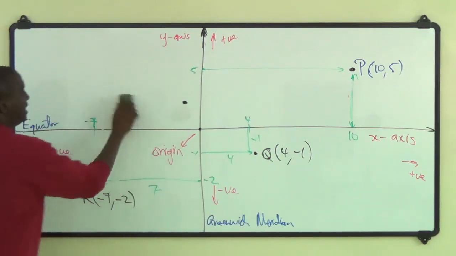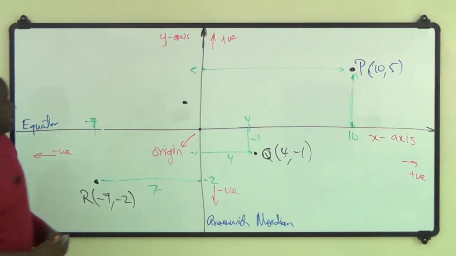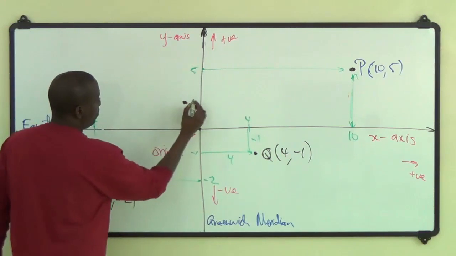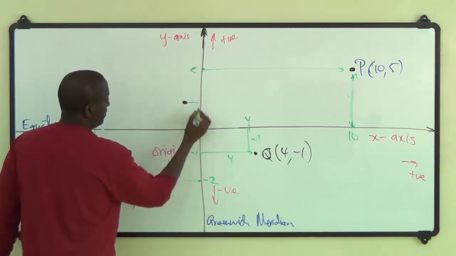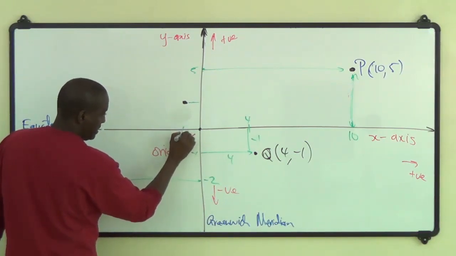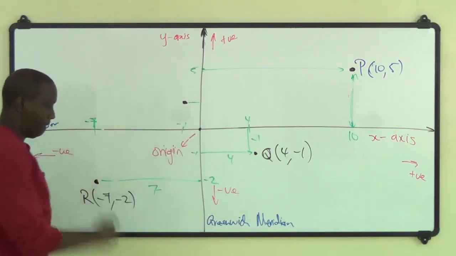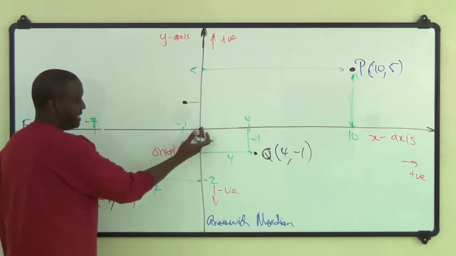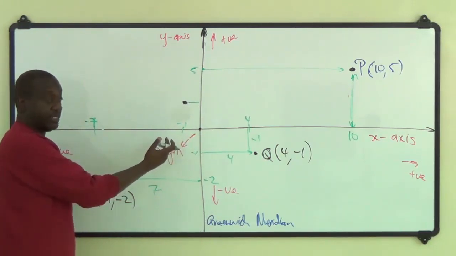We're not in geography land anymore. Let me say that this point is 1 unit away from the y-axis, which means that along the x-axis, the distance is minus 1. The minus sign signifies that the distance is measured to the left of the origin.